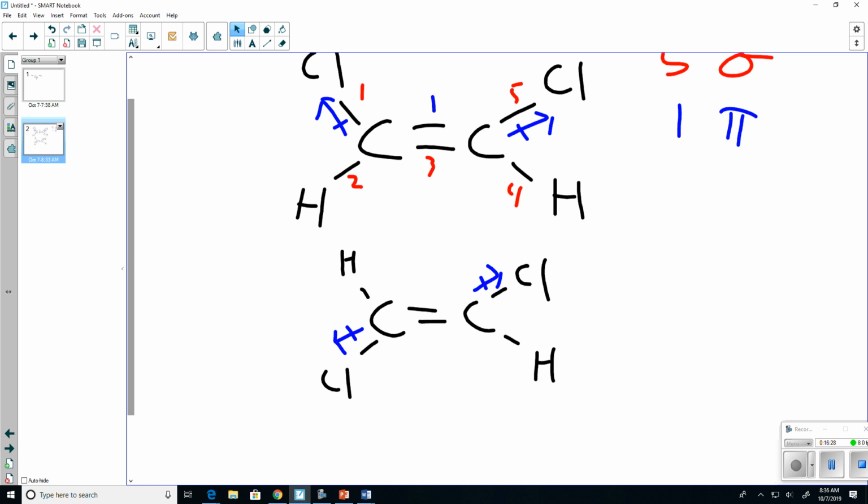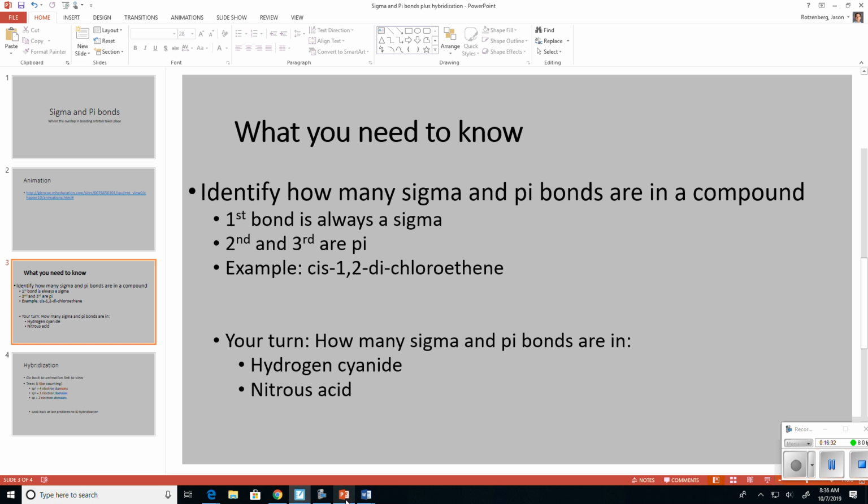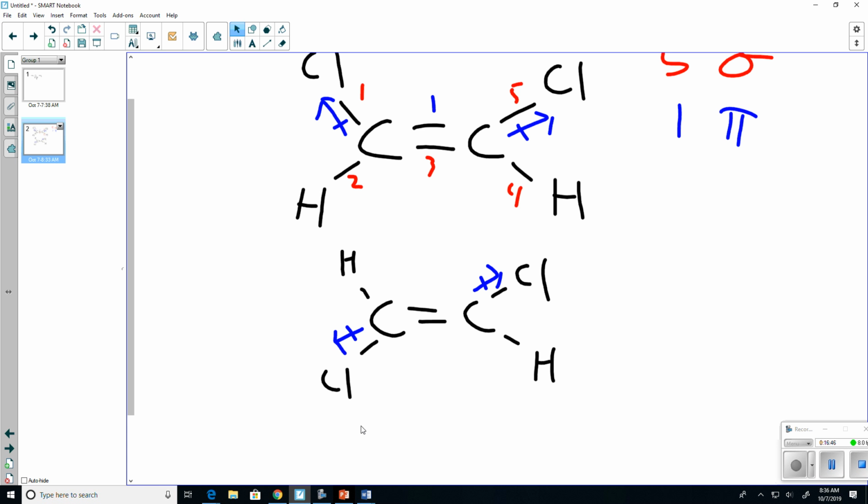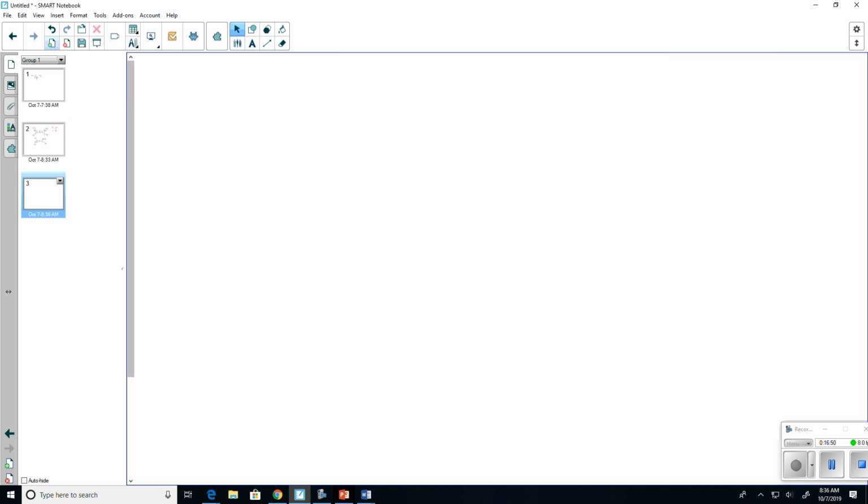So I wanted to bring that example up to you, and if you looked on my note sheet, what I wanted to do is pause for a minute and have you draw out these two molecules and figure out how many sigma and pi bonds there are. Now, naming-wise, again, we're not all equally strong, so I'll help out with the formulas.